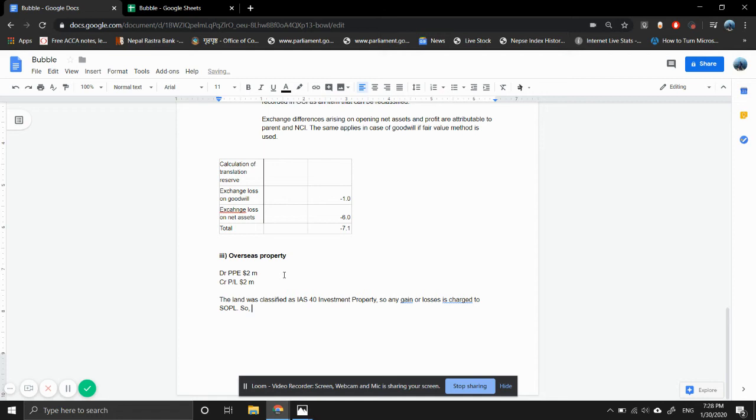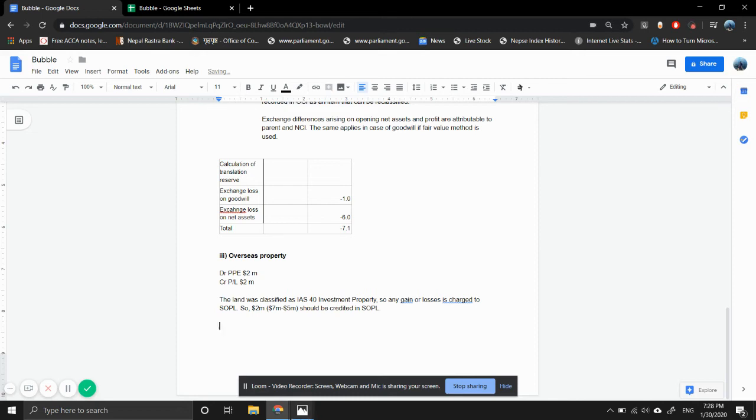So $2 million, which is $7 million minus $5 million, should be credited in SOPL, right?